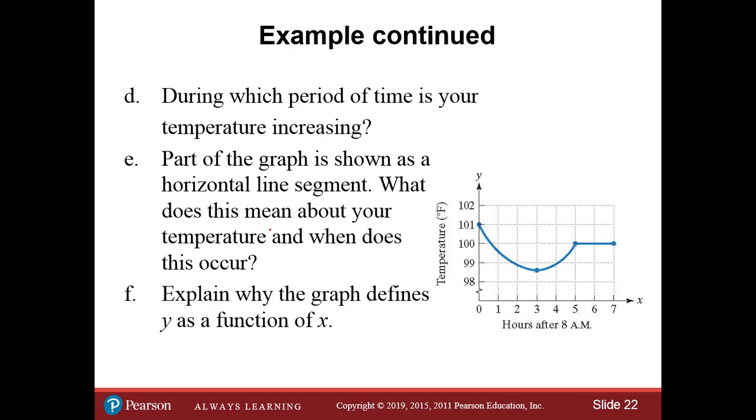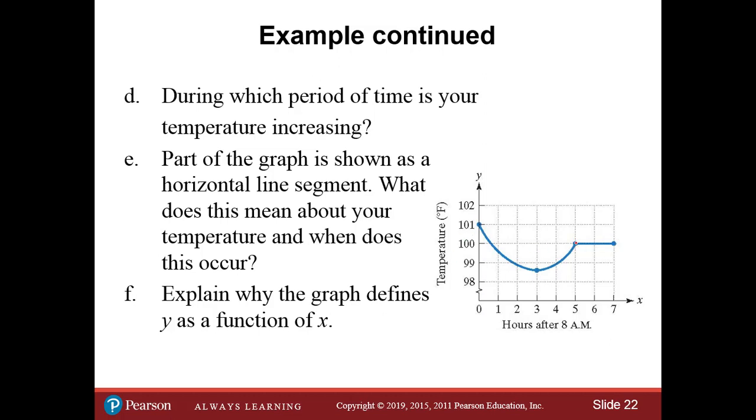Okay. Now E says part of the graph is shown as a horizontal line segment. What does this mean about your temperature, and when does it occur? Okay, so this horizontal line, is the body temperature changing? Well, no, it's staying the same, right? It's staying right at 100 degrees Fahrenheit.